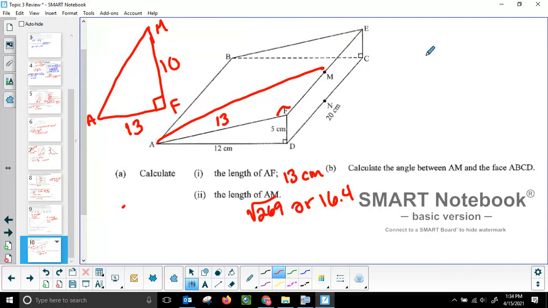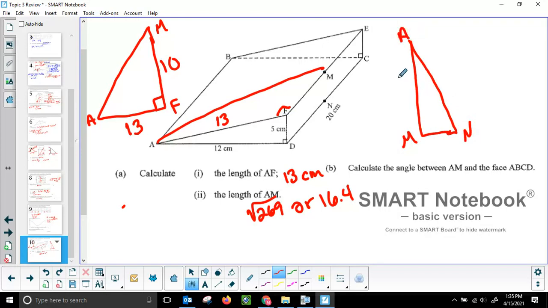The easiest way to do that is, this is going to be M and N, and this would be A. So M, N, and A.